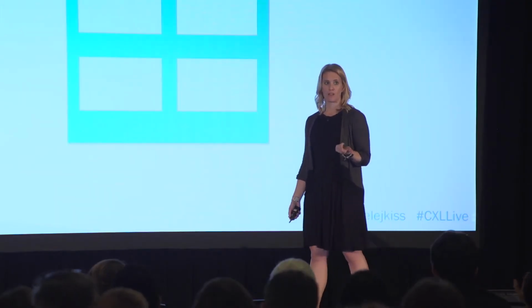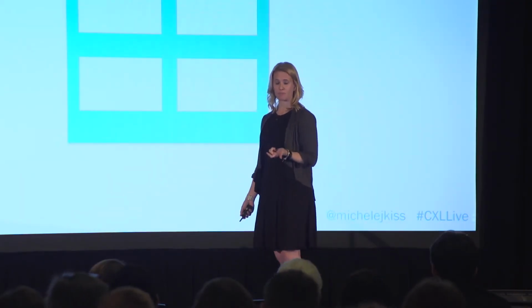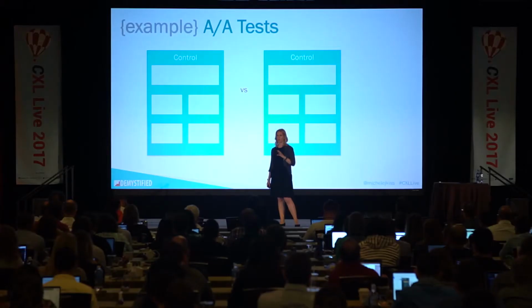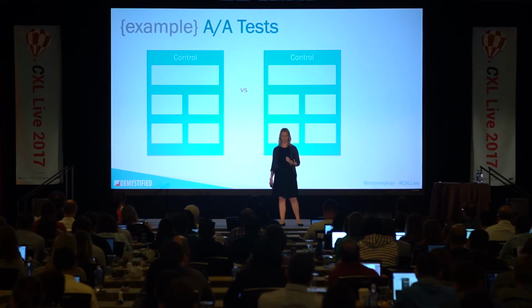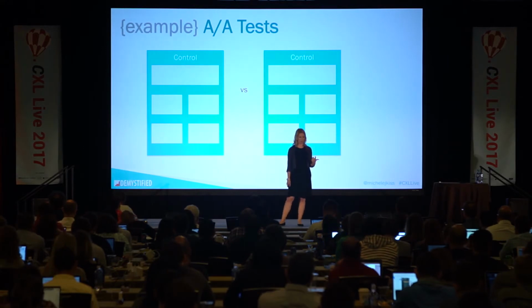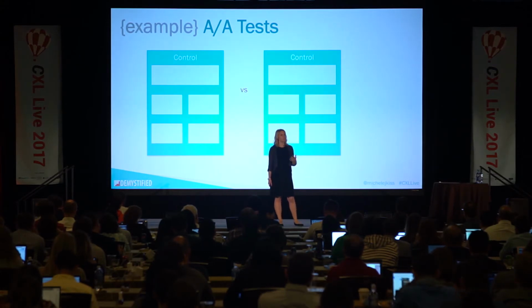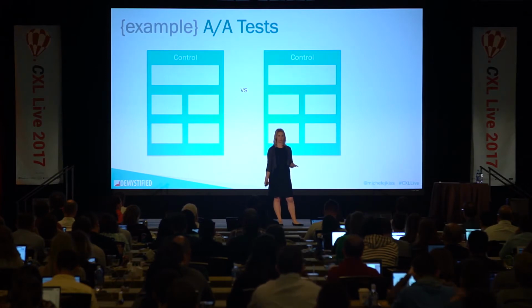Another useful way of thinking about this is an AA test. So running the control against essentially the control. I had a company who decided to have a domain change and a testing platform change at the same time because they like to have fun, clearly. So we were a little bit distrustful about if we were just to start testing, well, what if our test results weren't true?